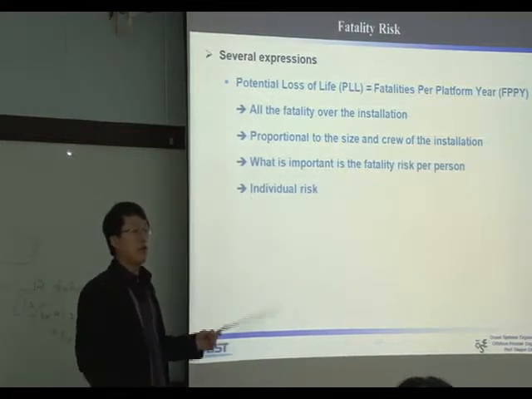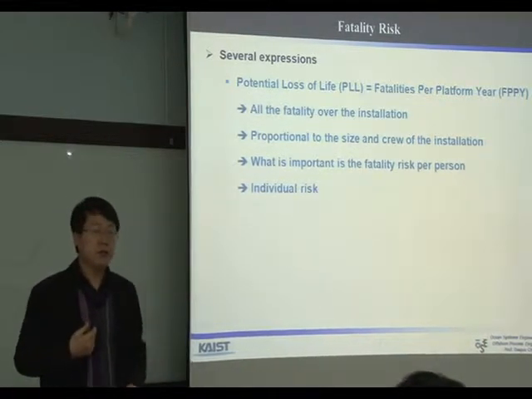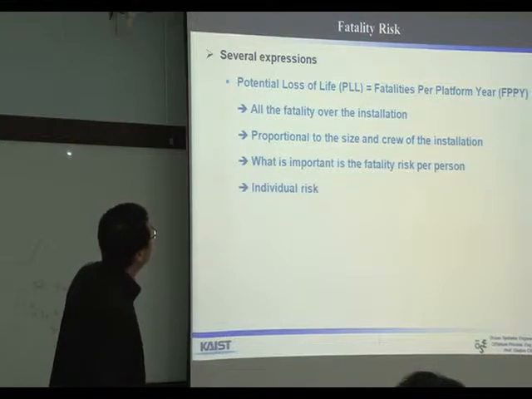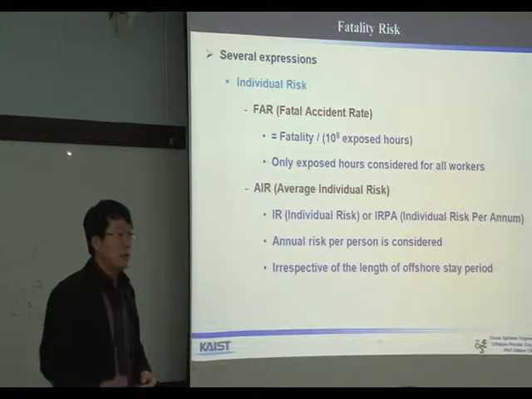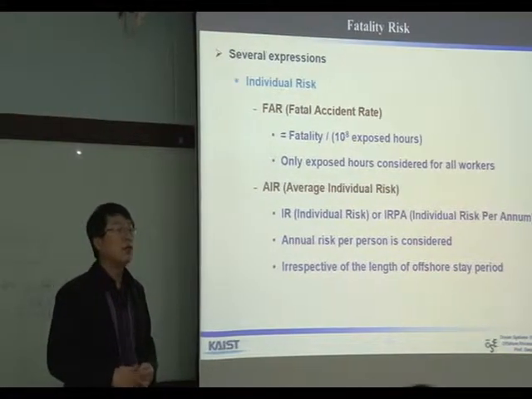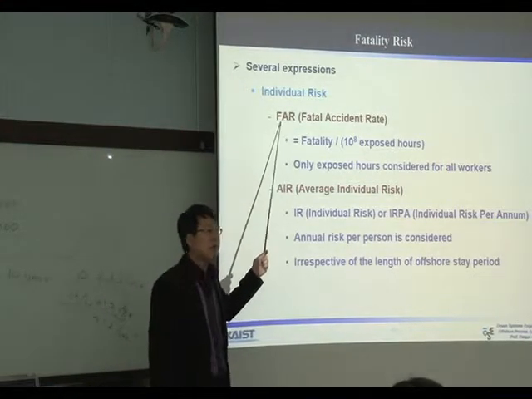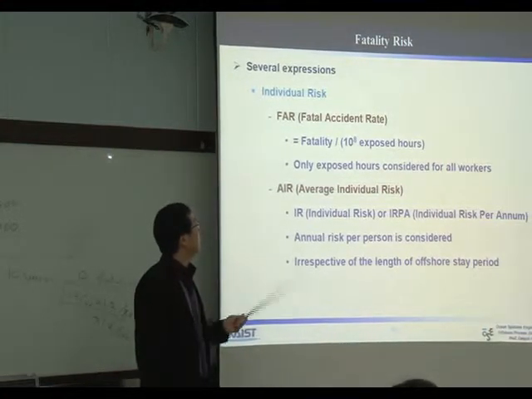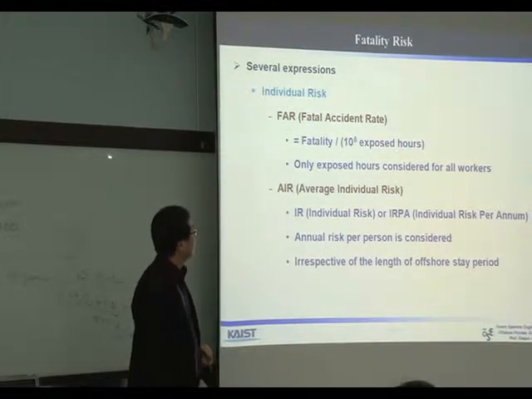So that's the reason we should introduce the concept of individual risk. Individual risk is expressed in two ways. One is FAR, fatal accident rate. Second is AIR, average individual risk.